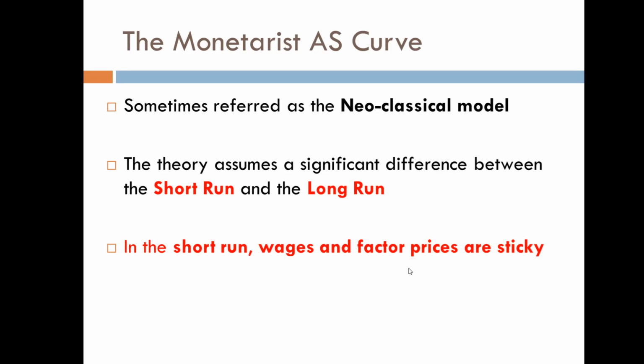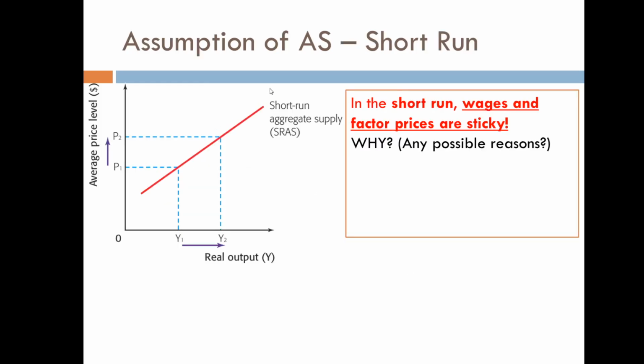So take a look at this. In the short run, wages and factor prices are very sticky. But why? Is there any reason? Why in the short run, when the price level is changing, are the wages usually very sticky? Why are they not able to change in the short run?